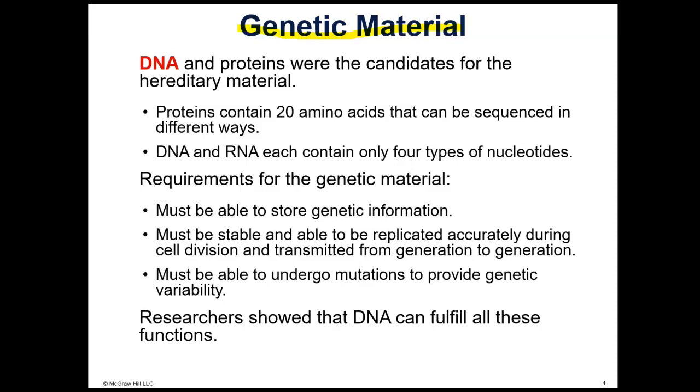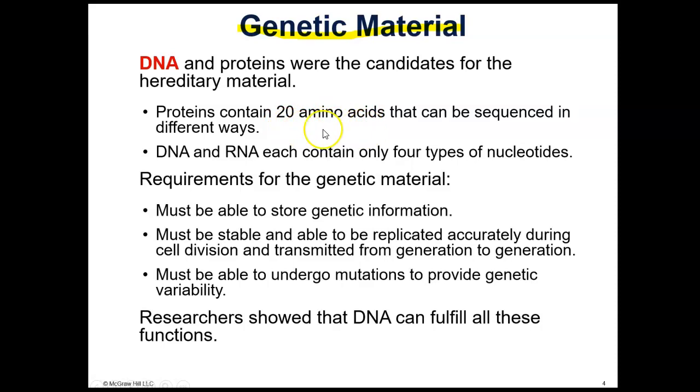And that is because DNA is a long polymer composed of chains of nucleotides. But there's only 4 different nucleotides. So, there's only adenine, cytosine, guanine, and thymine. Whereas proteins are also polymers, very long chains of amino acids.